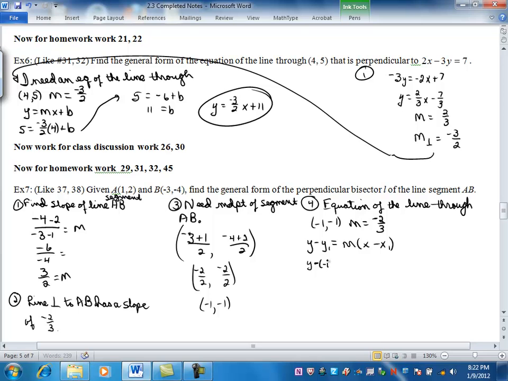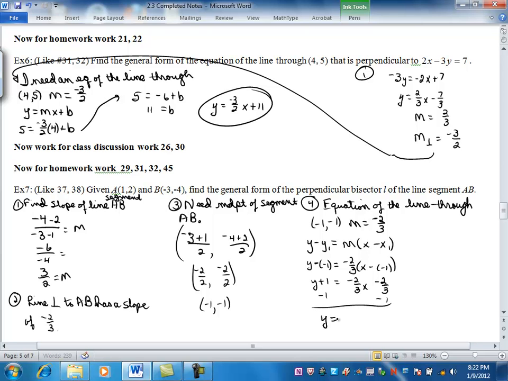Y minus -1 equals -2/3 times x minus -1. Y plus 1 equals -2/3 x minus 2/3. And so let's see here. We subtract 1 from both sides.